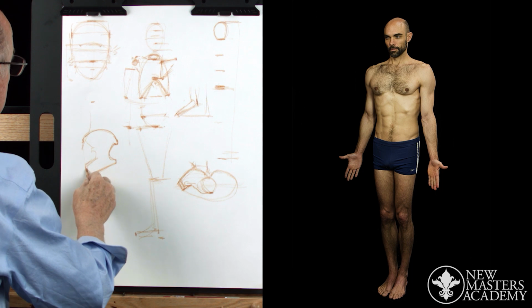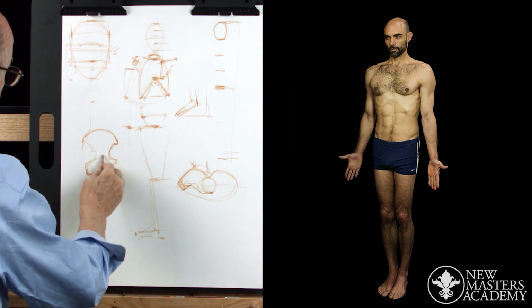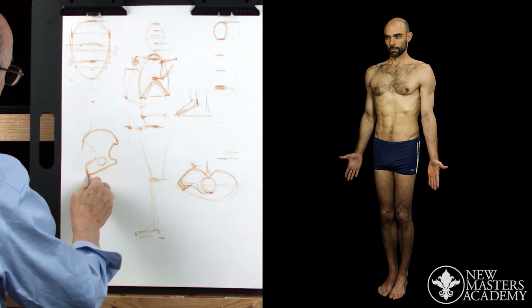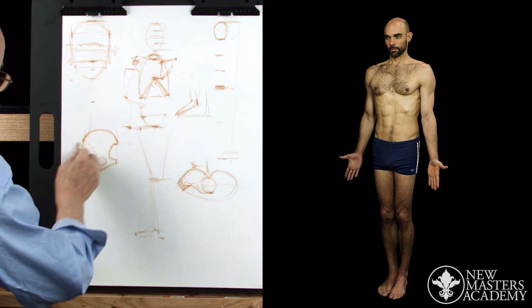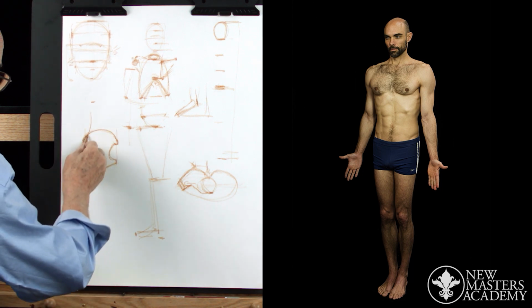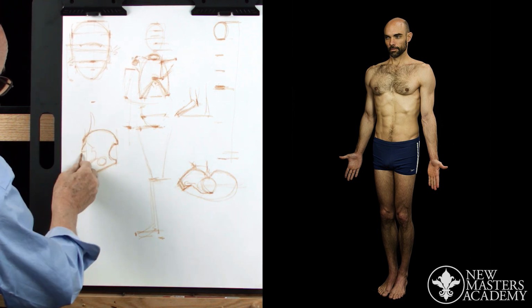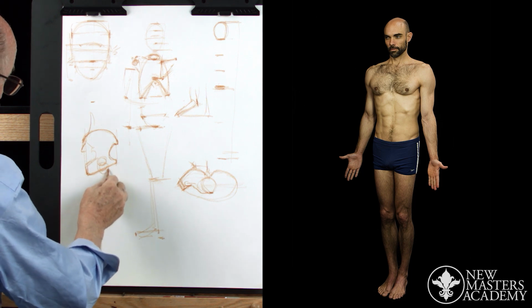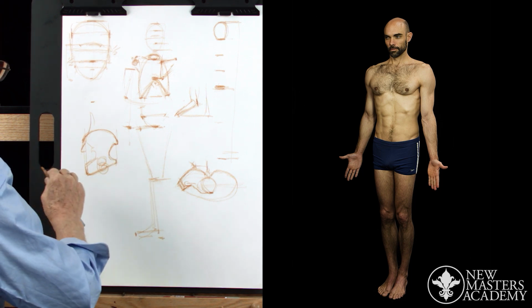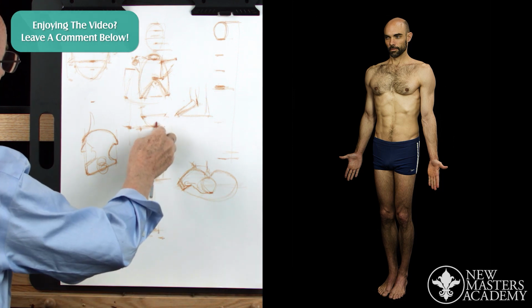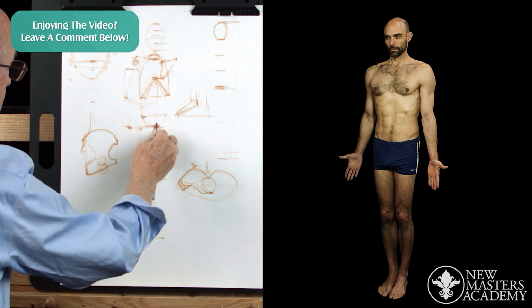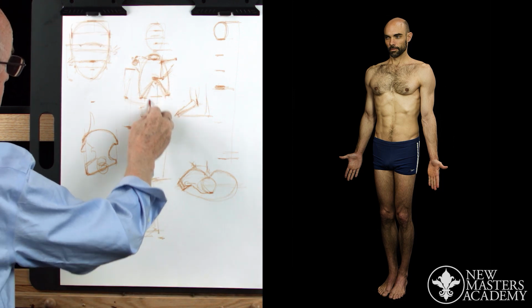Okay, the ischial tuberosity in the back here. These points tend to line up through here. You have the spine coming across at an angle here. The muscles of the stomach are coming down and attaching to the pubic arch.